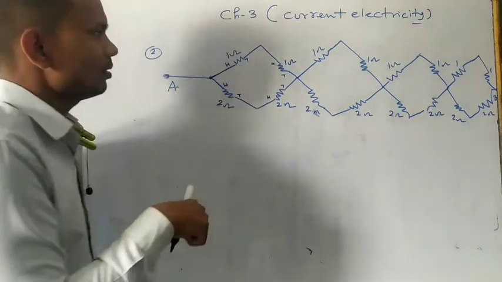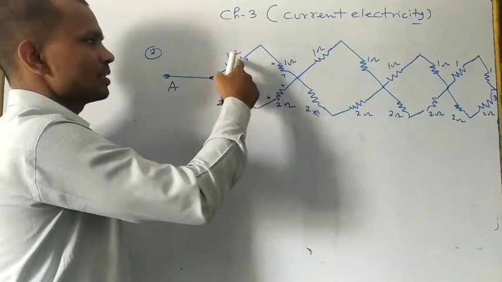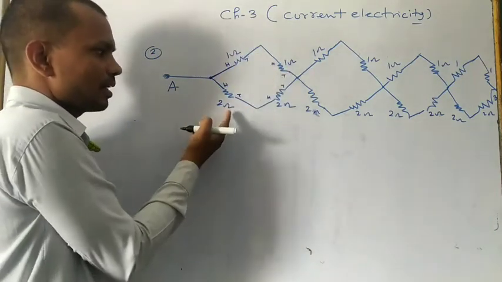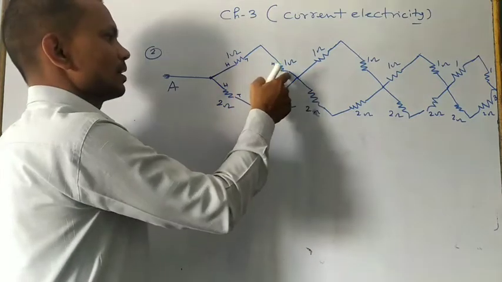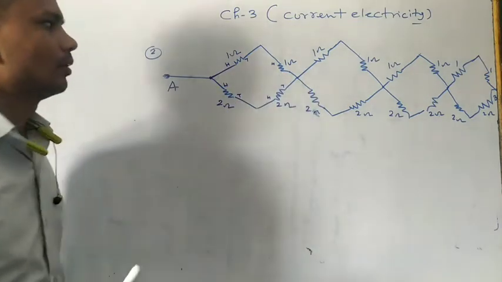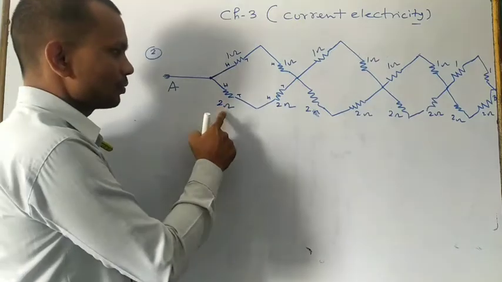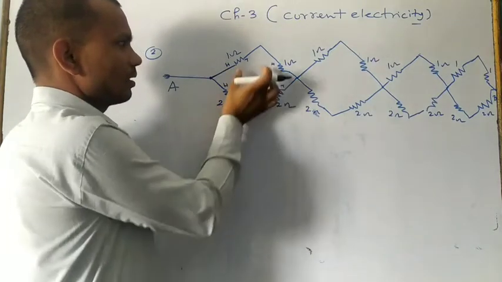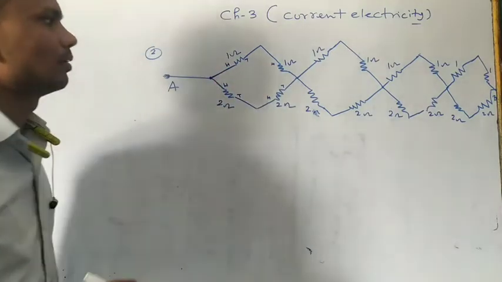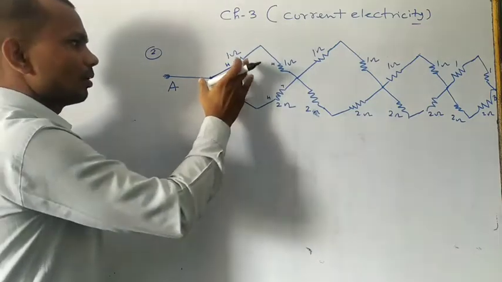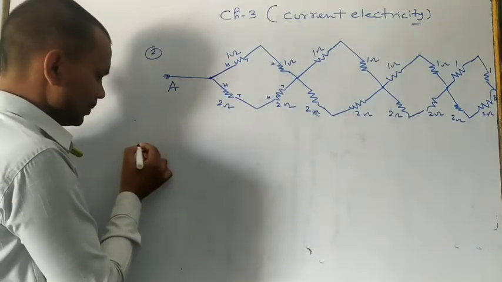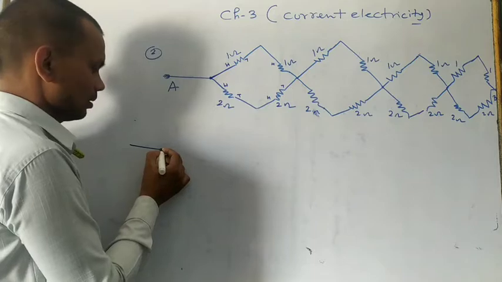So here you have to see that the 1 ohm resistances are connected in series, and the 2 ohm resistances are also connected in series. So this circuit can be reduced to this form.